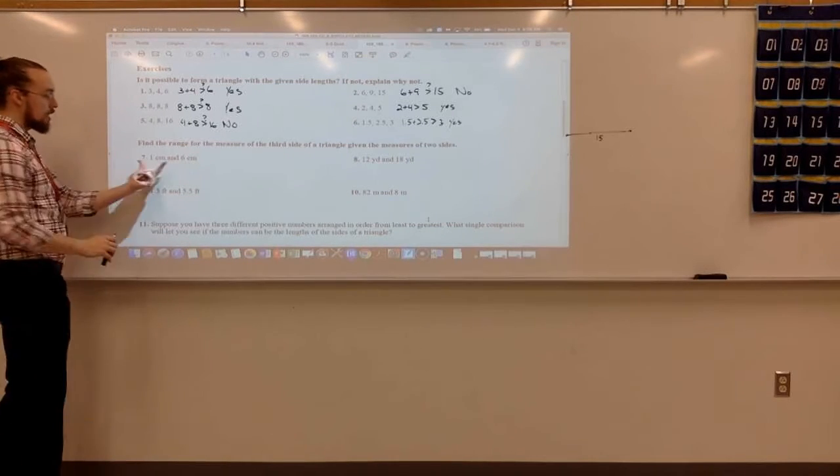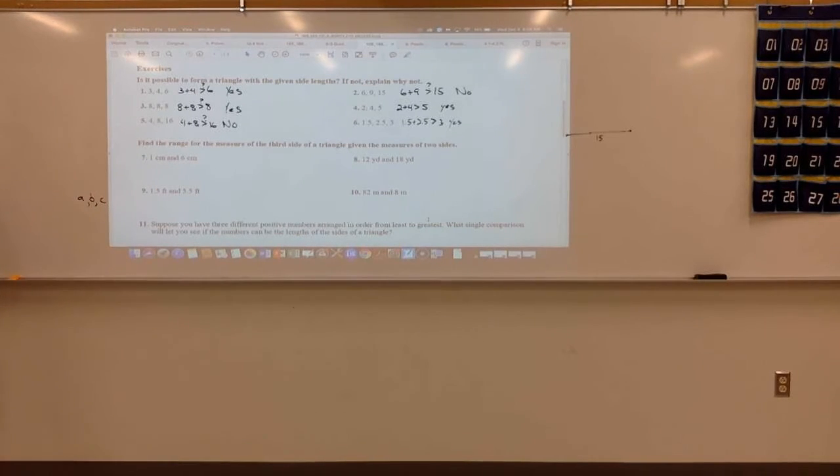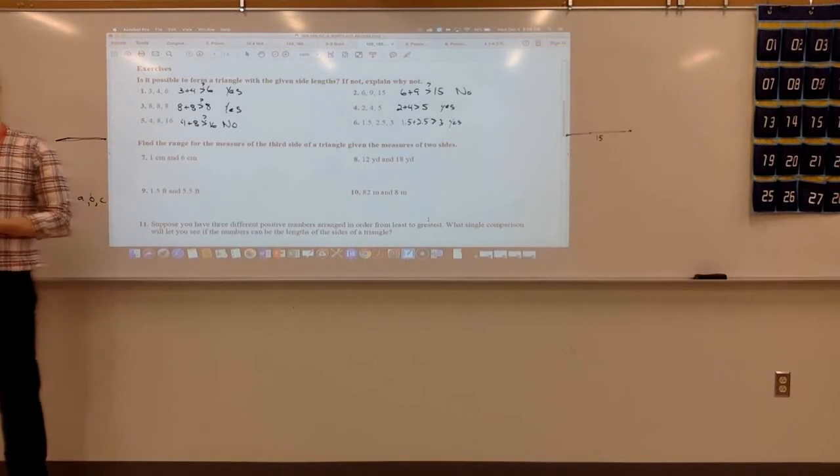Well, if I subtract these 2 numbers, here's my side of 6, and here's my side of 1. The smallest that I could make that third side would be like 5.0000000001, so we don't just want to think in terms of whole numbers.